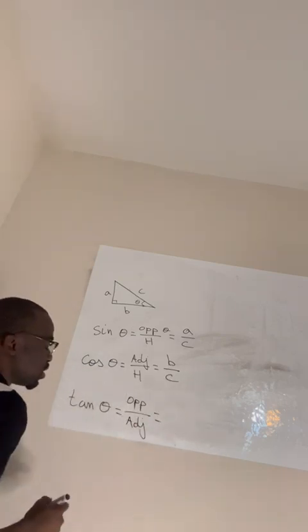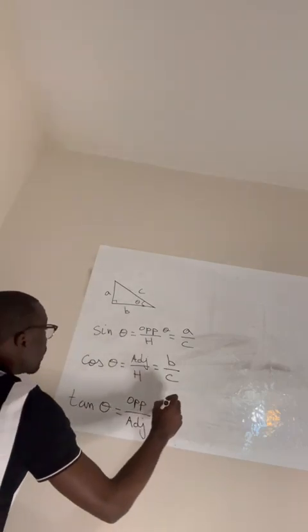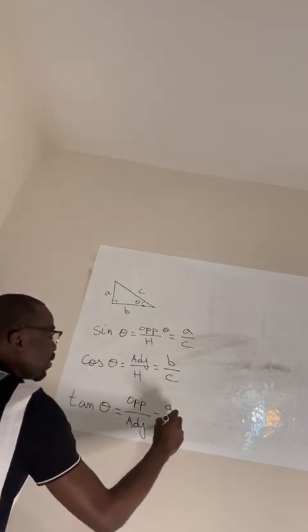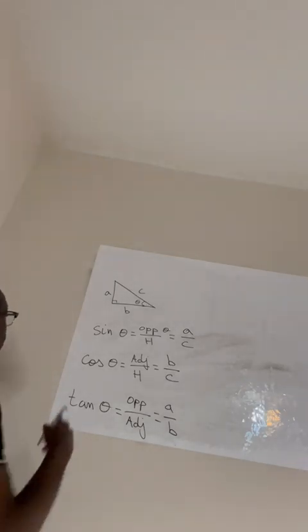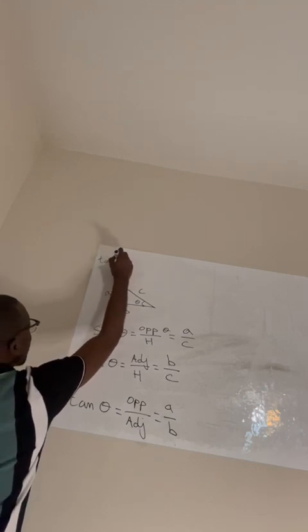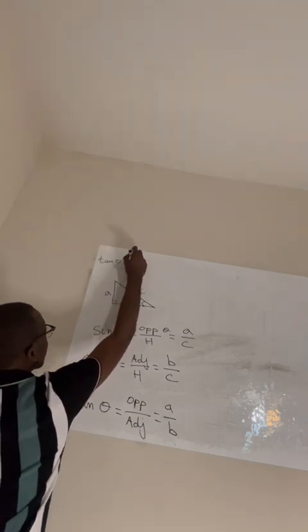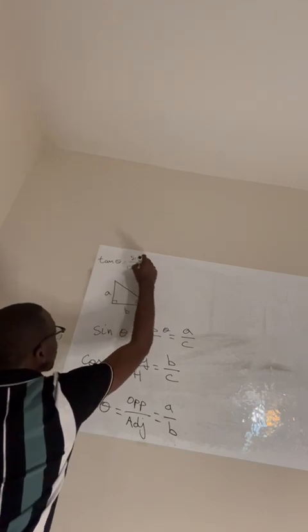And in this case, tangent of theta will be A over B. Another definition of tangent, let me do it here, is also: tangent of theta is also sine of theta over cosine of theta.